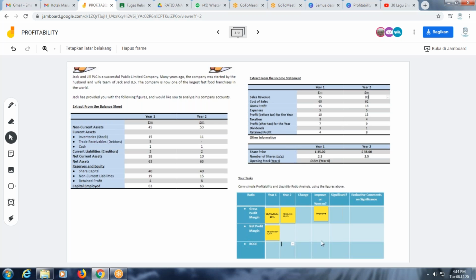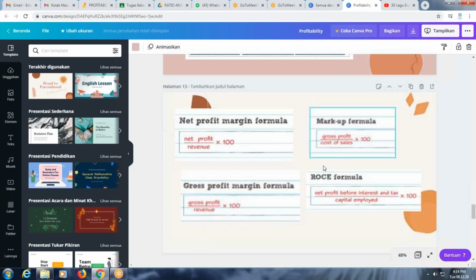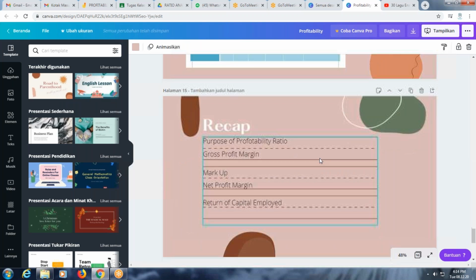So I think it's clear for the task. This is our recap for today. The first is the purpose of profitability ratios. Then the next are gross profit margin, markup, net profit margin, and the return on capital employed.